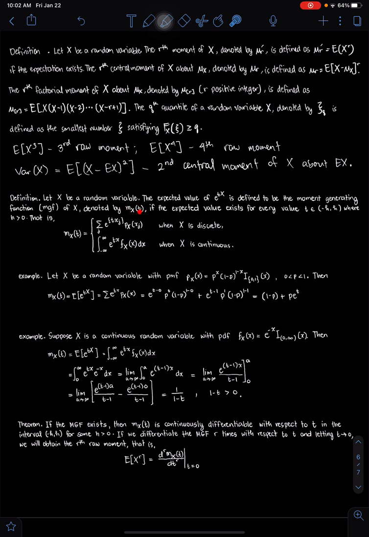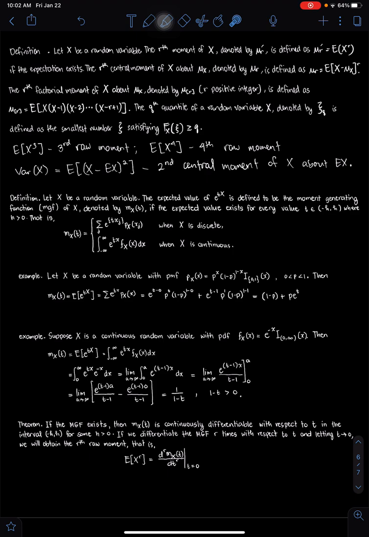Okay, so the moment generating function is a function of this new variable here, t. That is provided that the expected value exists for every value of t in the interval from negative h to h, where h is some positive number.